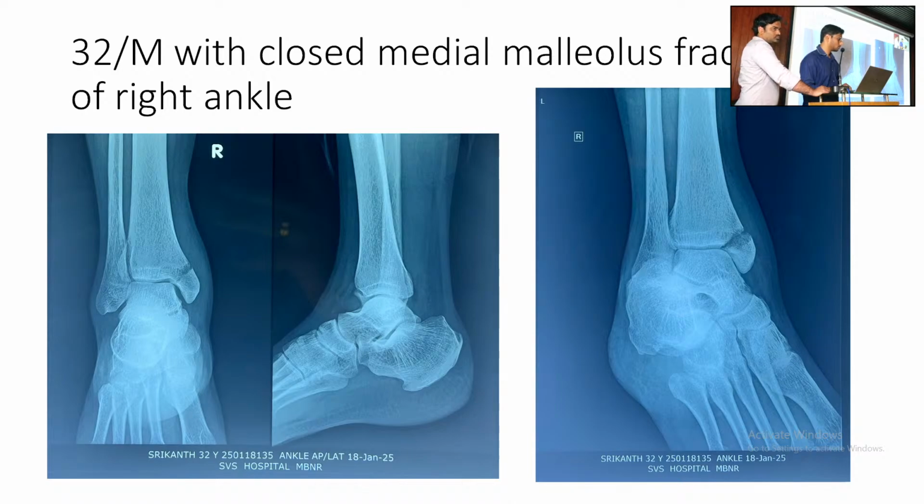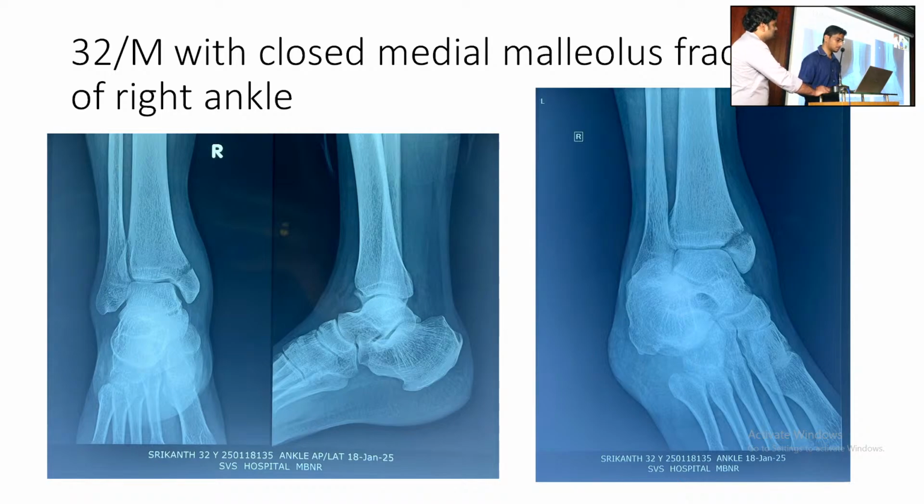You can see the gap here also. What is this view? It is not a true mortise view because you are not seeing the true fibular and talar articular joint space.